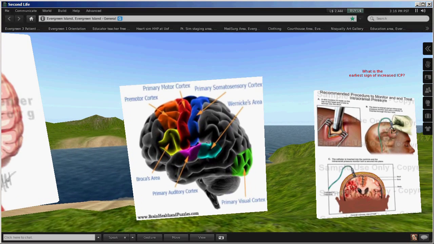Here are some different areas of the brain: Broca's area and Wernicke's and other places, the visual cortex in the back, and so forth.